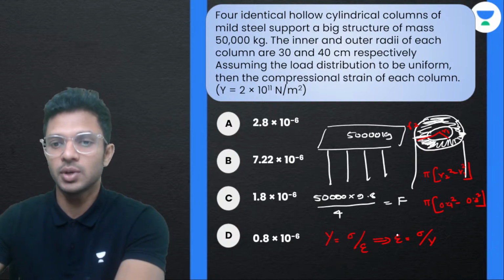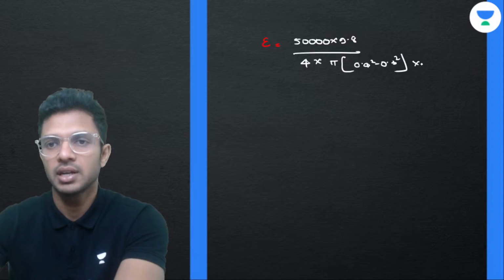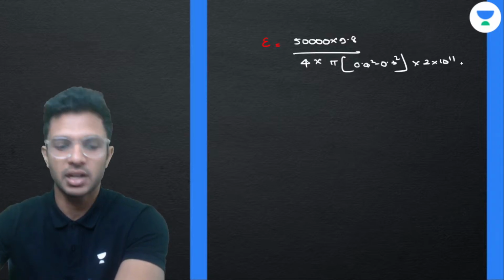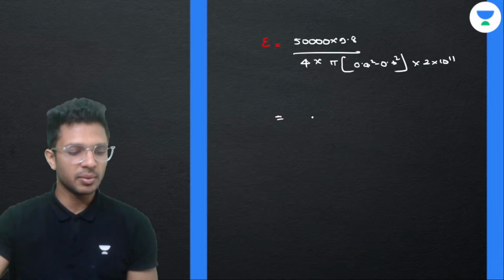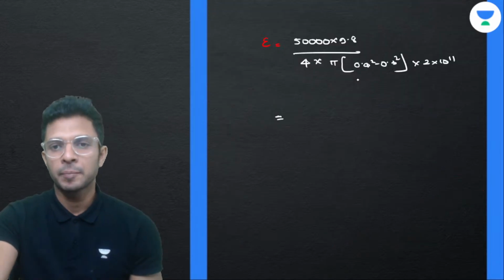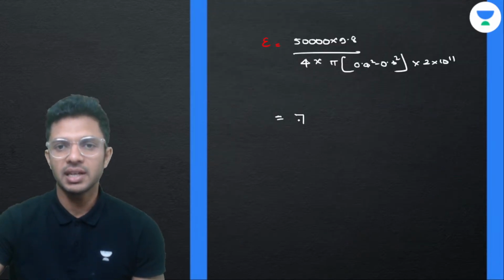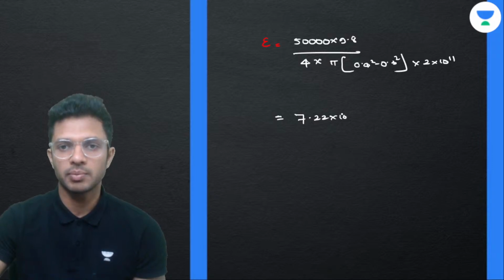Stress by Young's modulus will give us strain. So Young's modulus is 2 into 10 power 11. Okay, so mathematics, you guys are the best here. So how much will we get? We'll be getting 7.22 into 10 power minus 6.